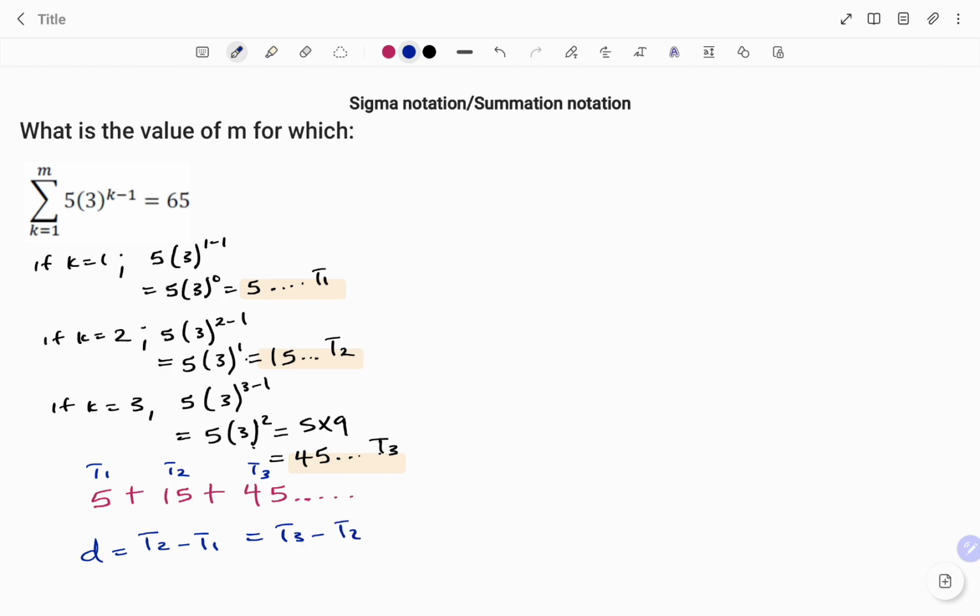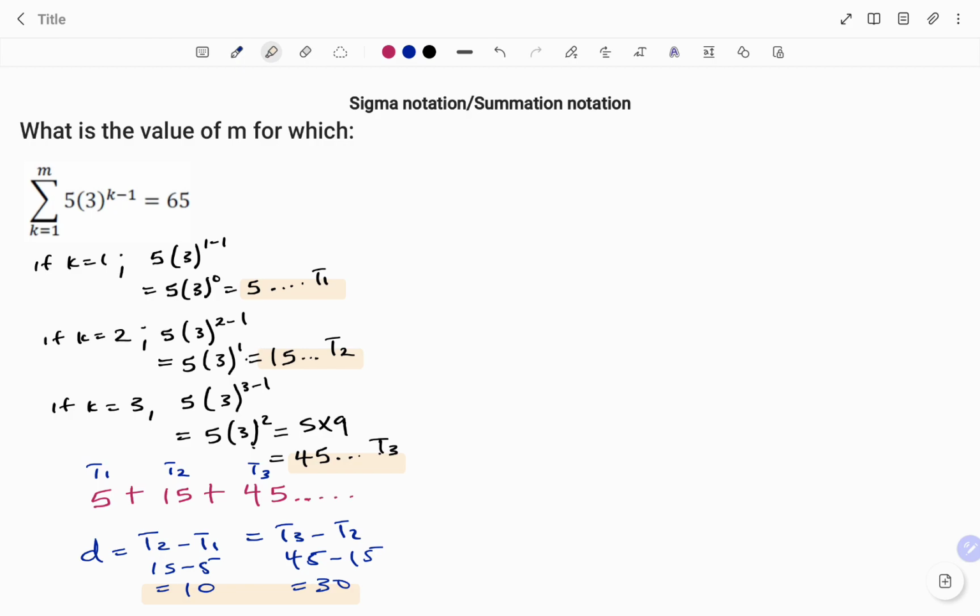T2 minus T1, that's 15 minus 5, that will give me 10. My check is T3, that's 45, minus 15, that will give me 30. The differences, they're not the same.